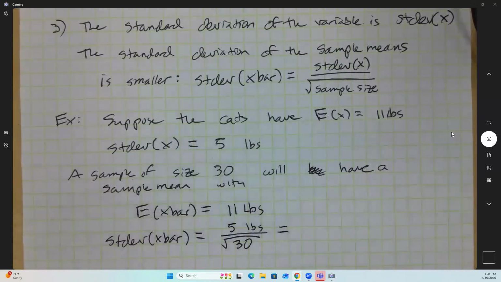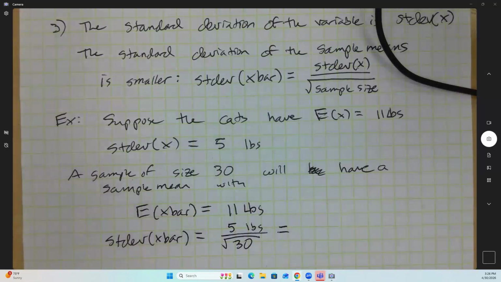All right, it's 5 divided by the square root of the sample size, which is 0.91 pounds. And it spreads out a lot less because most of your sample means are going to be really close to 11.